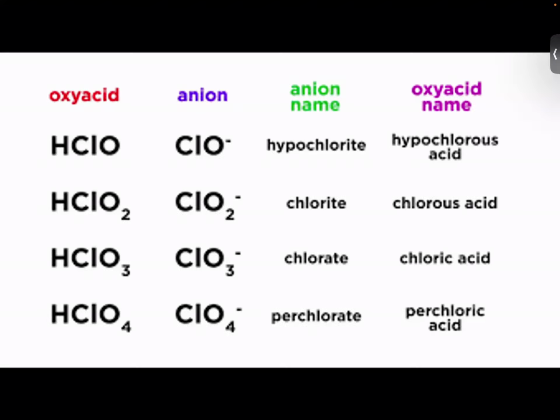Because this is a -1 charge, you're going to have 1 hydrogen: HClO4. Because this ion is an ATE, it's going to be changed to ic acid, so that's perchloric acid.